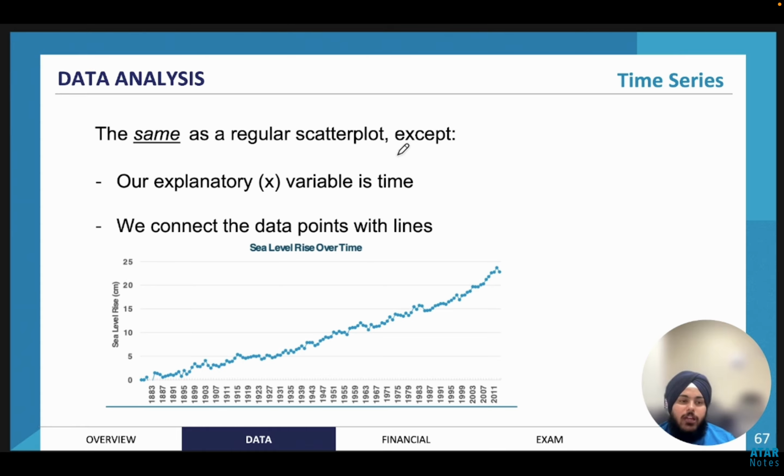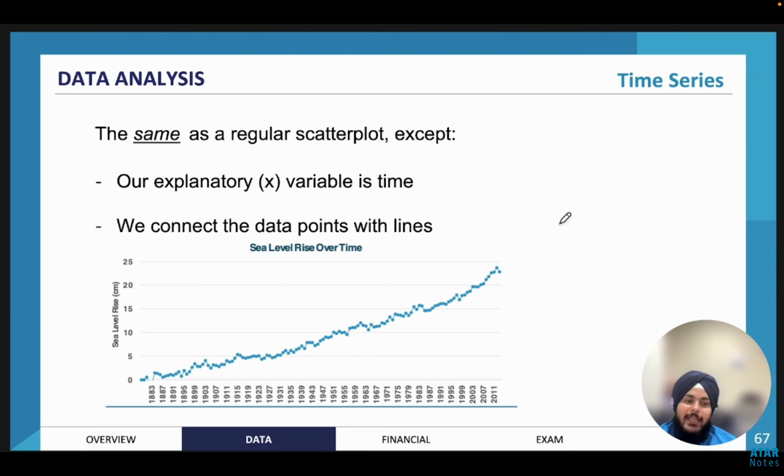Okay, so now we'll move on to time series. Time series are the same as a regular scatter plot, except there is only one explanatory variable, and that is time. The response variable is usually whatever we're measuring. So for example, in this case, it's the sea level rise. What the time series is really good for is estimating the trend of a certain value over a long period of time.